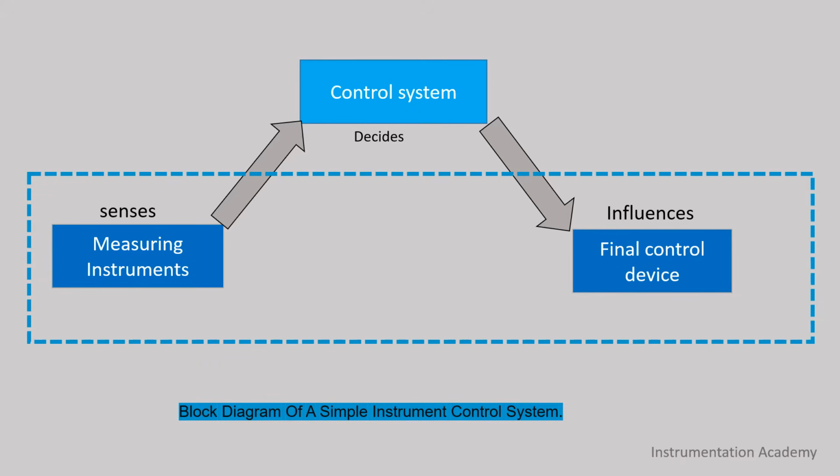If the controlling action is automated, the computer sends a signal to the final controlling device which then influences the quantity being measured. This final control device normally can be a control valve, electric motor or electric heater. Both the measurement device and final control device are connected to the same process.